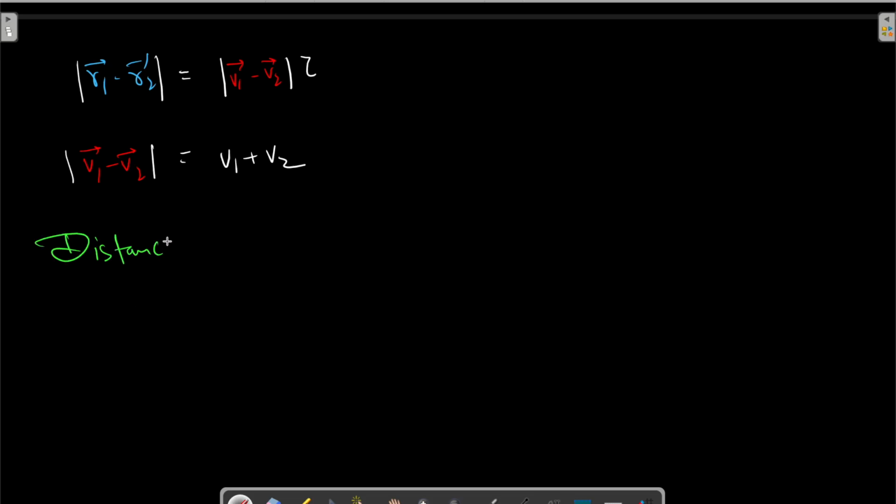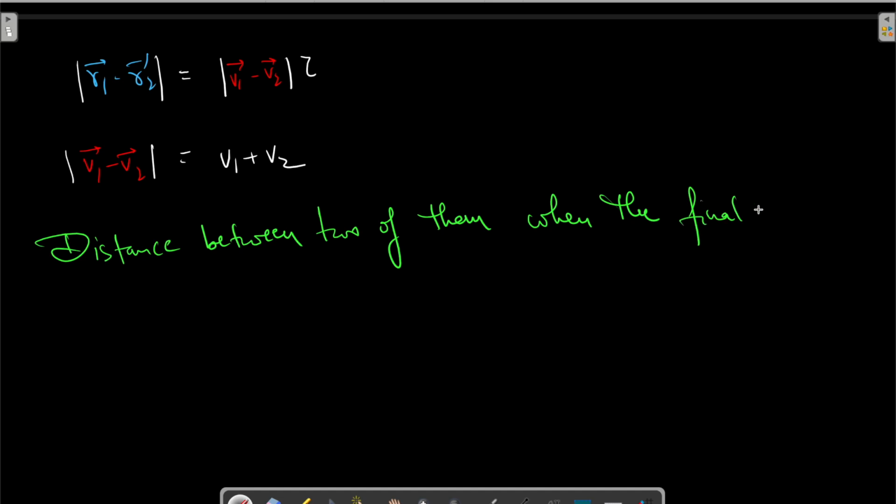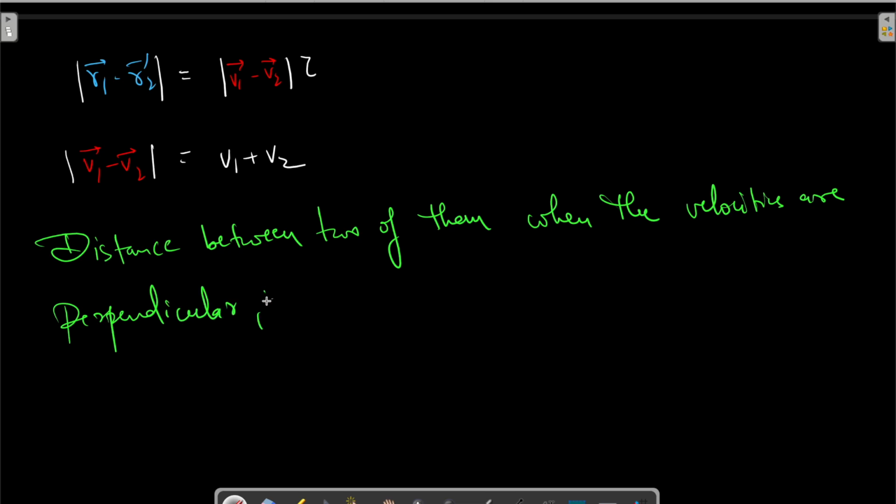the distance between the two of them when the final velocities, not final, we are considering them to be the final because that's the end moment of our analysis, when the velocities are perpendicular is v1 plus v2 into tau.